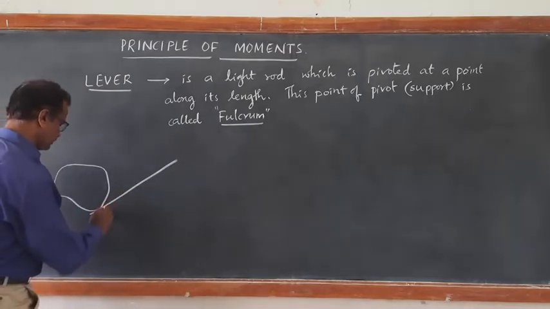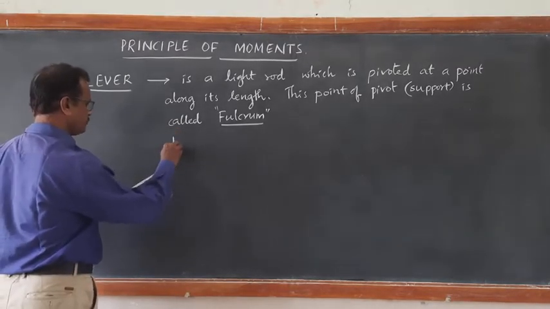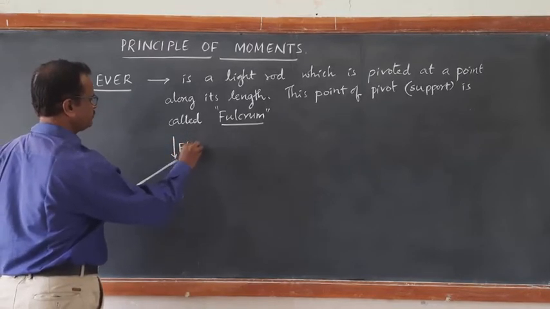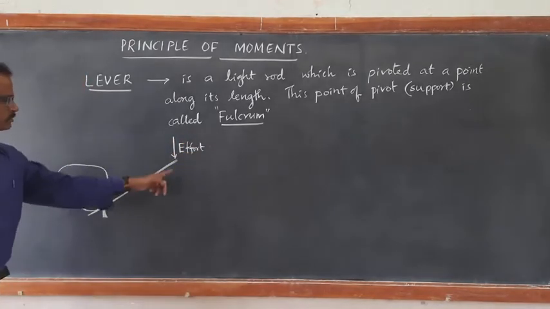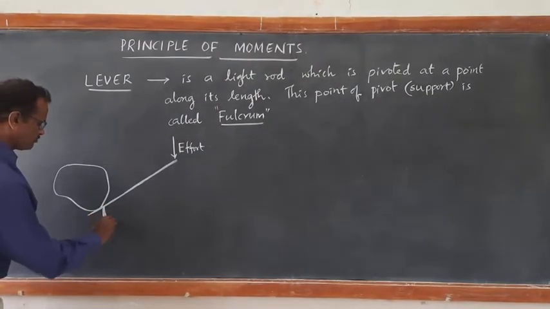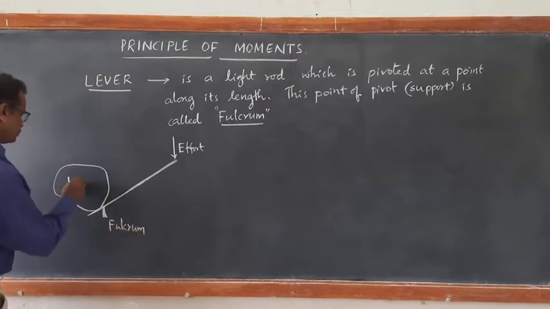Here you will keep one support. Then with the help of this rod, you apply force here. This is the point of effort, and this is the support, what we call fulcrum. And here is the load.